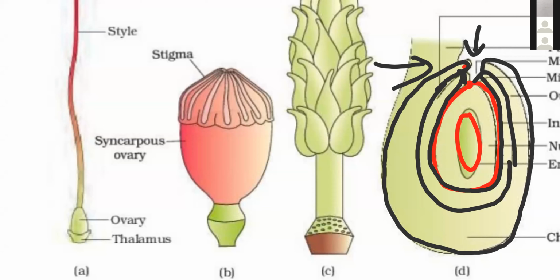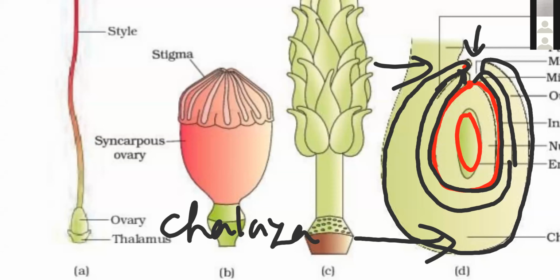An end of the ovule opposite to that is called chalaza end. That is accepted as the basal region of the ovule, whereas micropyle is accepted as the top, uppermost region of the ovule.